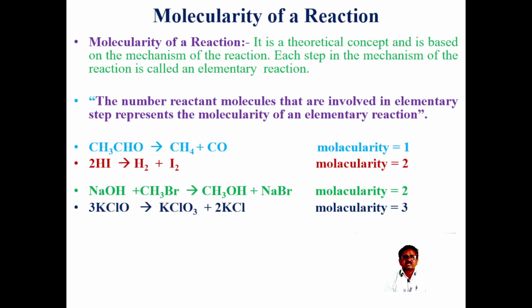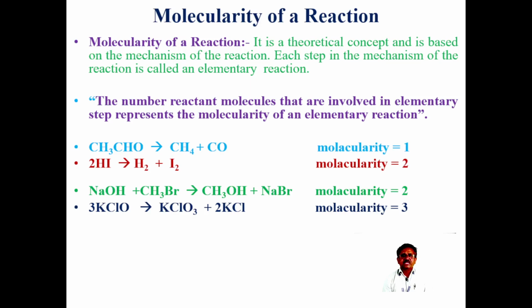Molecularity is based on the mechanism of the reaction. Each step in the mechanism of the reaction is called an elementary reaction. The number of reactant molecules involved in an elementary step represents the molecularity of an elementary reaction.